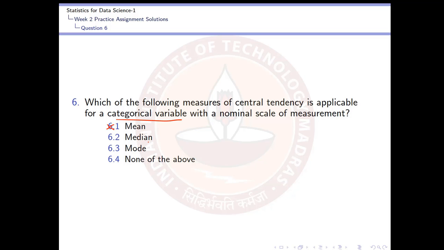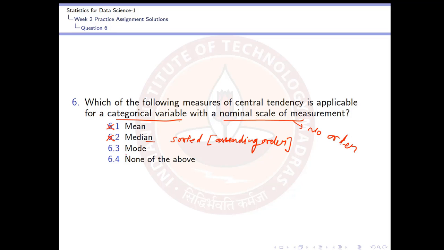And for calculating median, observations should be sorted, that is, arranged in ascending or descending order. But for a nominal scale of measurement, no order exists, so we cannot sort these observations. Therefore, median is not applicable. So this option is wrong.